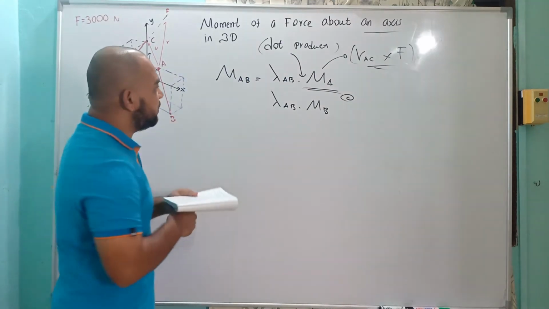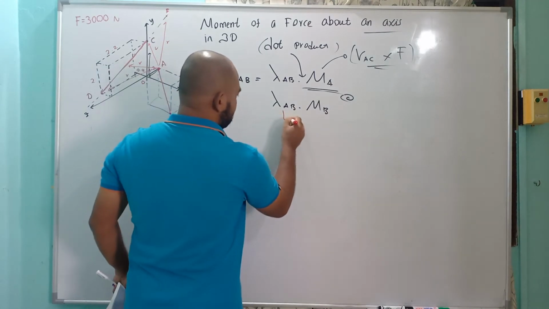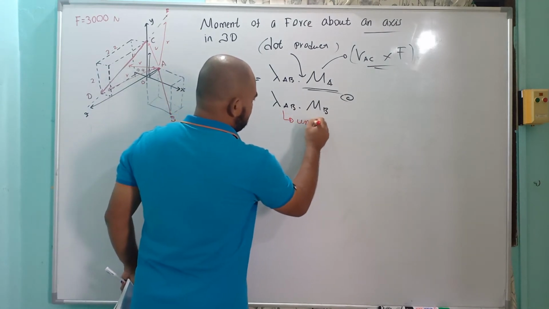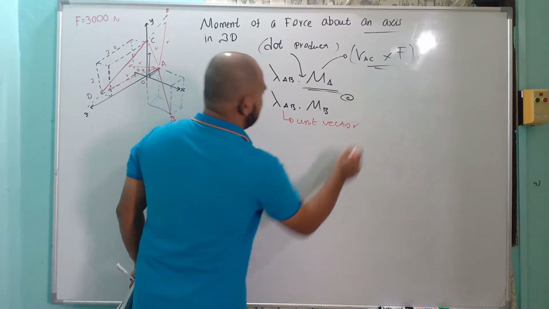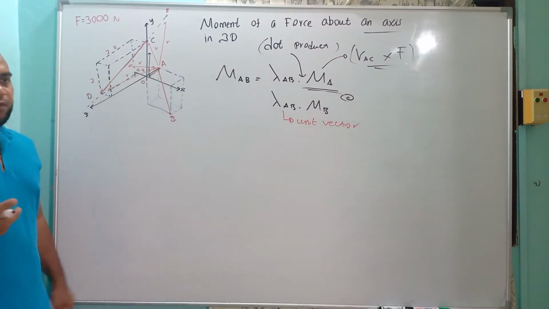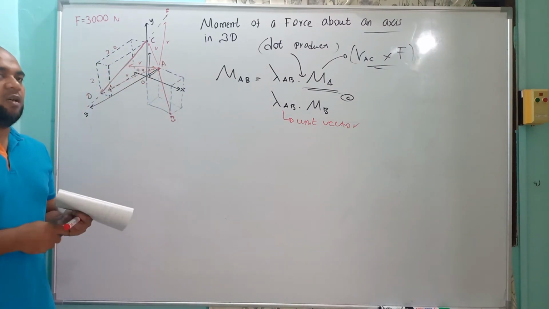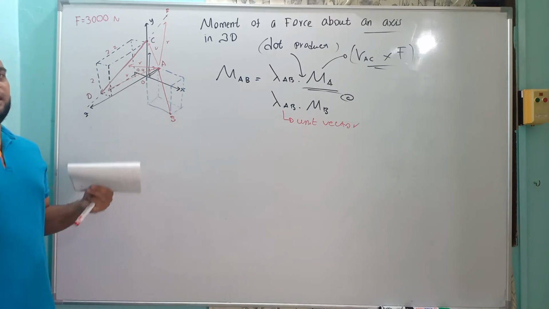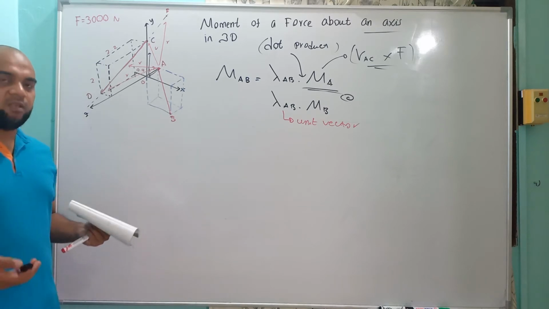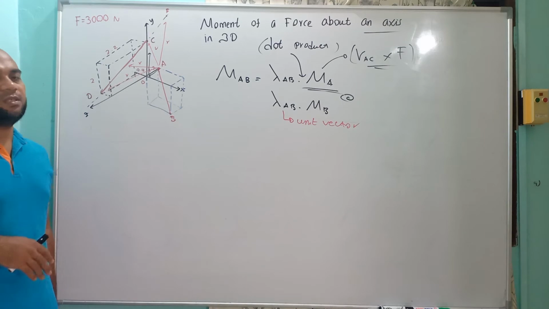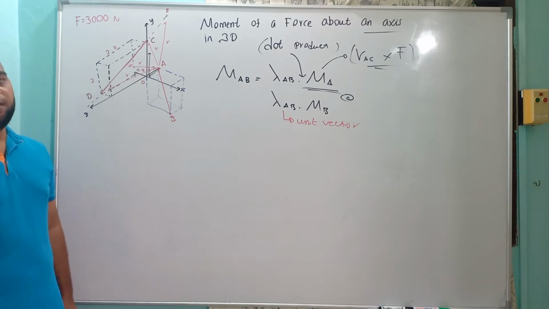Okay, so again we have lambda, the unit vector. If you look at the force in 3 dimensions, we have resolved the force in 3 dimensions. When we resolve force into 3 dimensions, we have 3 methods: the first angle method, the second angle method, or the coordinate method.